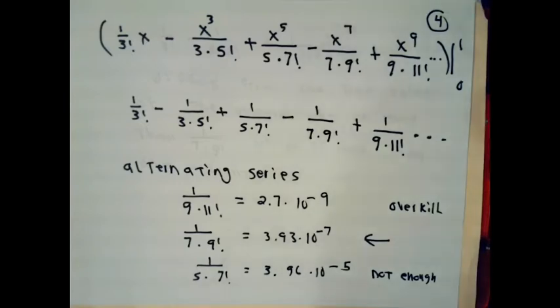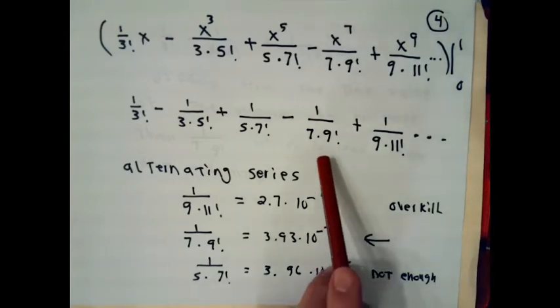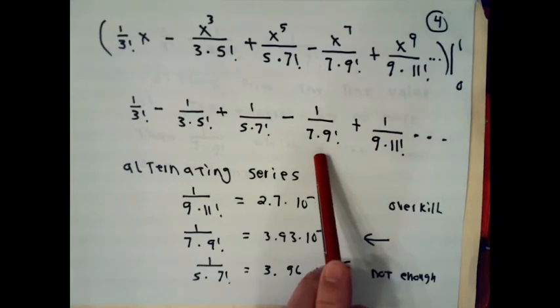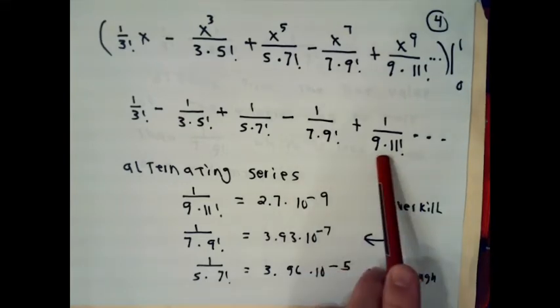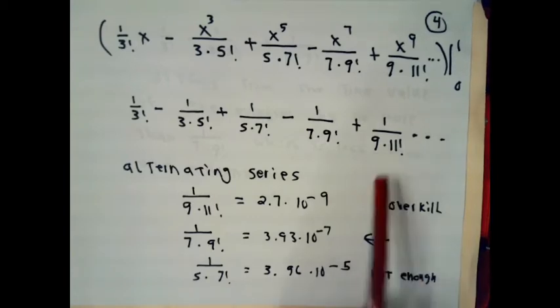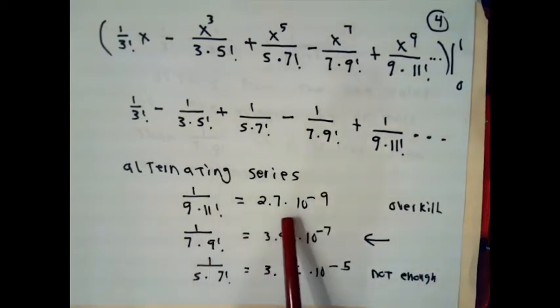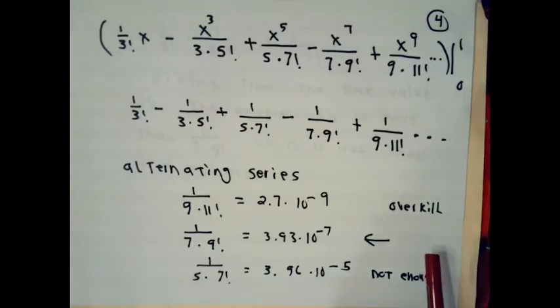What if I kept all the terms out to the 1 over 7 times 9 factorial term? The error would be no more than 1 over 9 times 11 factorial, which is 2.7 times 10 to the minus 9. That's 2.7 billionths. That would certainly achieve our goal, but it's probably overkill.